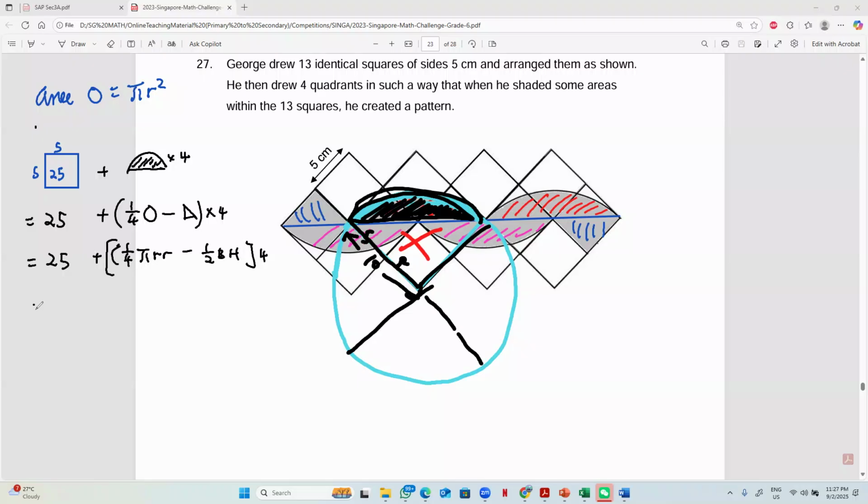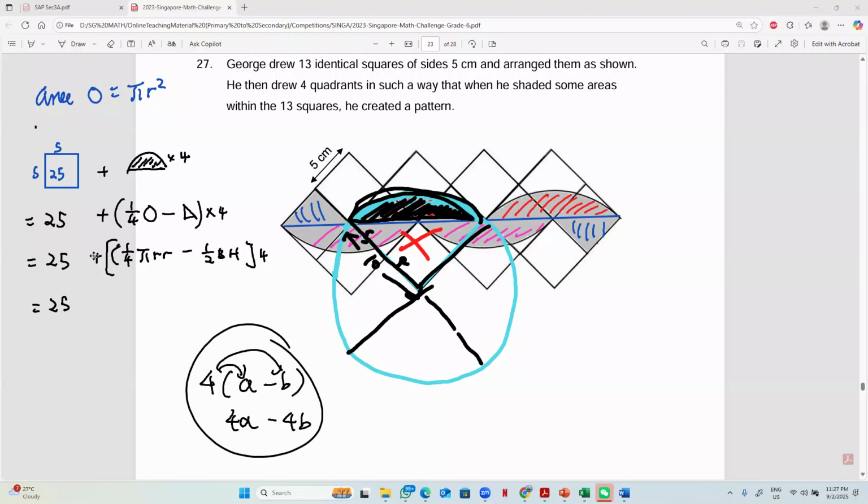Now when you see this, I hope you can recall the distributive property that I taught you earlier. Remember, if we have 4 times a minus b, something like that, we can expand it: we have 4a minus 4b. Remember this because we're going to use this skill to solve our calculations later.